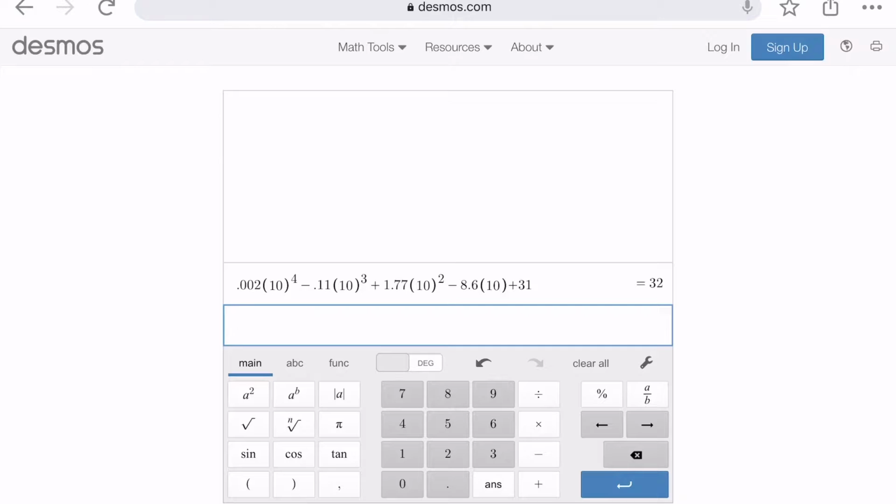Okay, so you can see from our calculator here that when we evaluate our function with the input value of 10 for the 10th day, our output is 32. So our approximation on the graph was accurate.